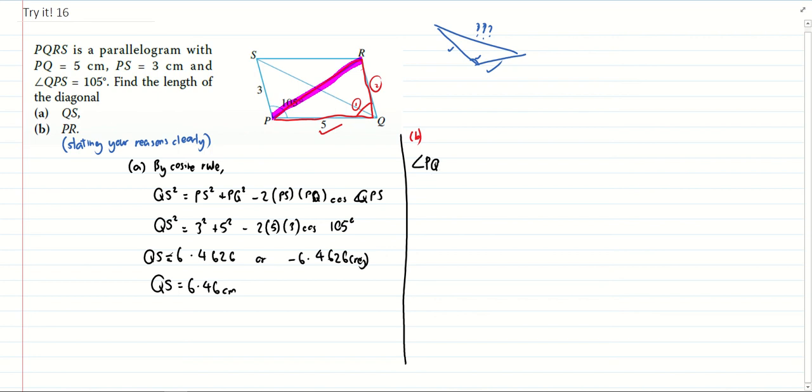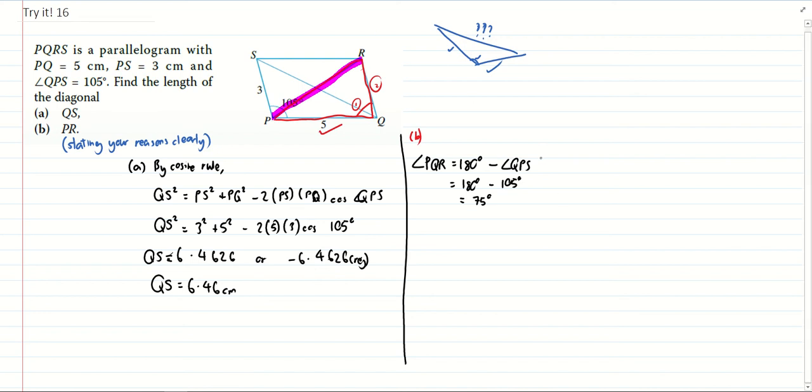So angle PQR is simply equal to 180 degrees minus angle QPS, which is 180 degrees minus 105 degrees. I'm going to write down with all the labels, just to make it perfect.